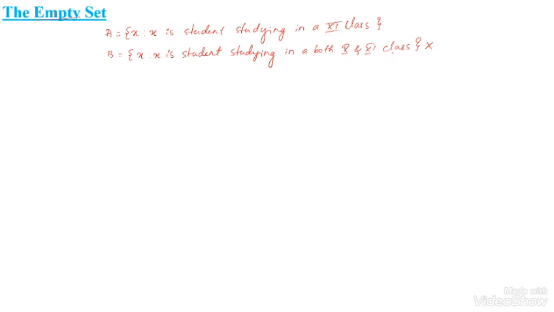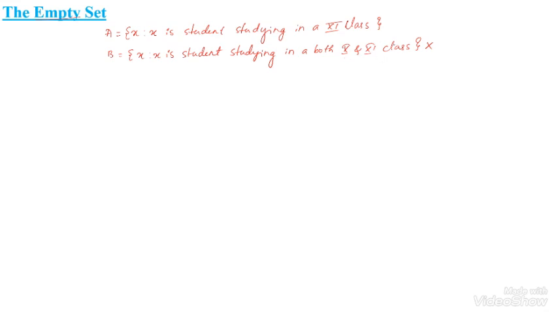I can write it in set builder form, and it is correct. But in reality, one student can't study in the 10th as well as the 11th class at the same time.